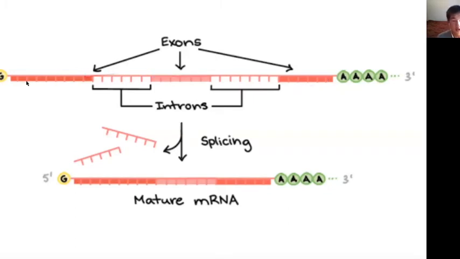So here we have these things called exons, and we have these things, oh, excuse me, sorry. The exons are right here, and we have the introns right here. So these are just two different ways to classify the parts of mRNA.